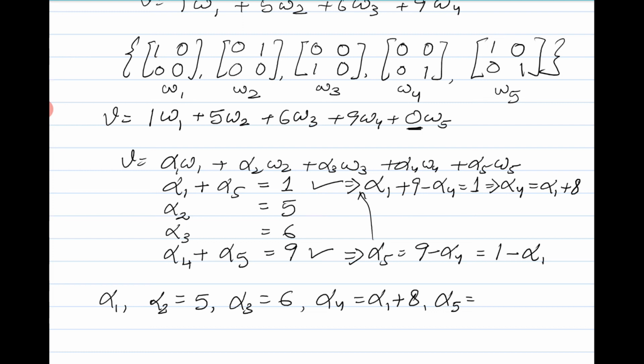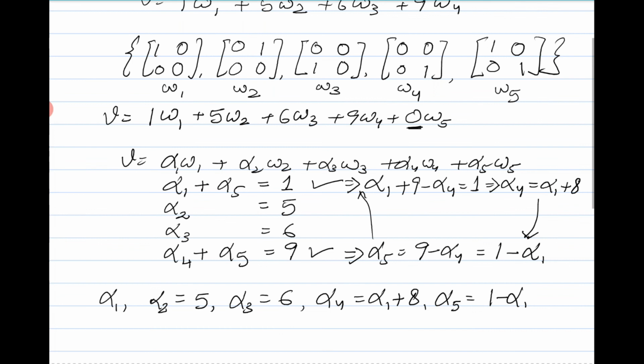If we substitute alpha 4 here, we get 9 minus 8 minus alpha 1. If we have this, then v can be expressed as a linear combination of these 5 vectors.